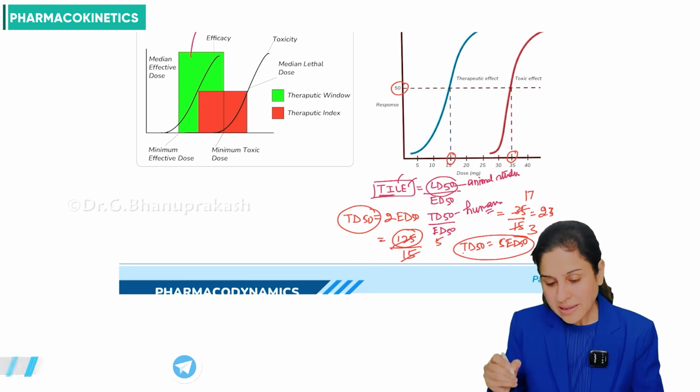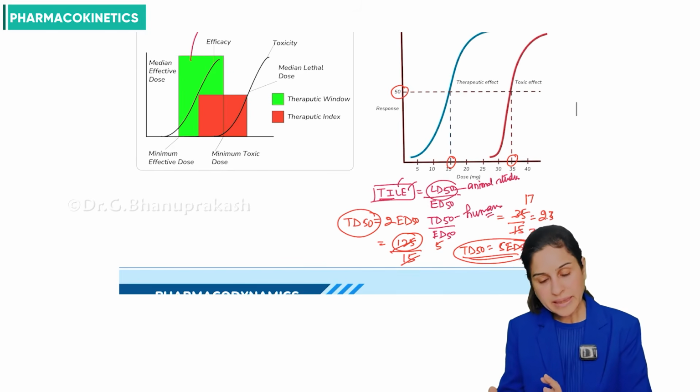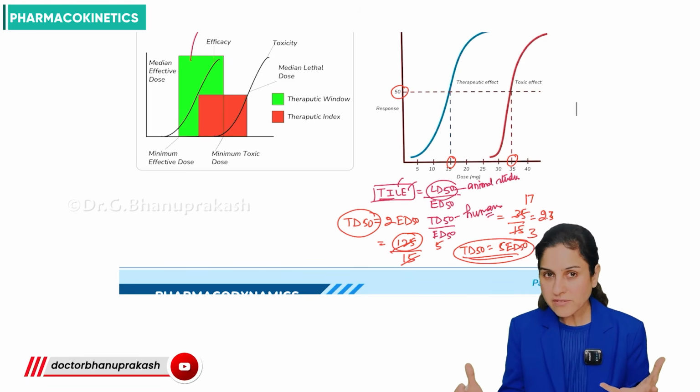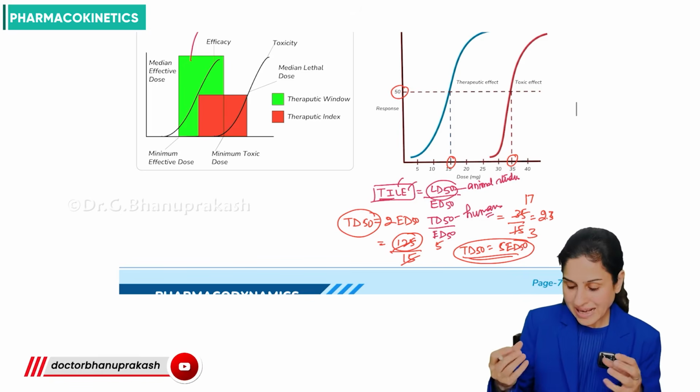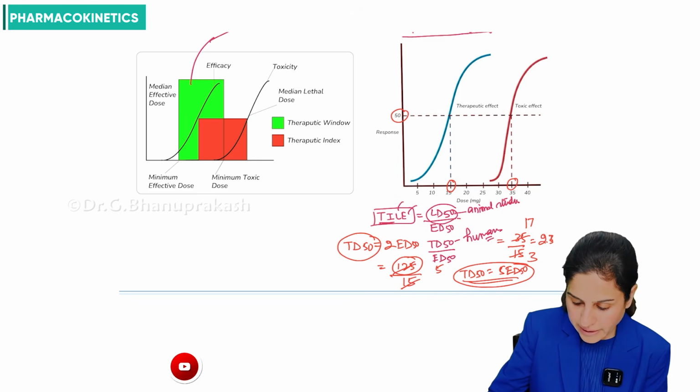So it is an indicator of safety. The higher the therapeutic index, the higher the safety margin. So the higher the therapeutic index, the safer the drug. Less would mean the drug is less safe. That is why it is called the indicator of safety.